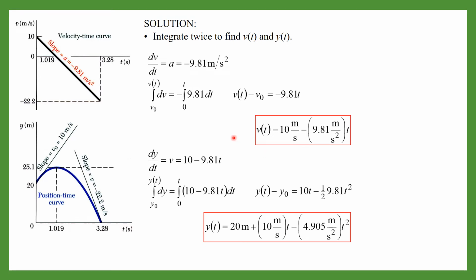For obtaining the position, you simply need to write this equation, v is equal to dy by dt, and we already obtained the expression for v. We will take dt to the RHS.